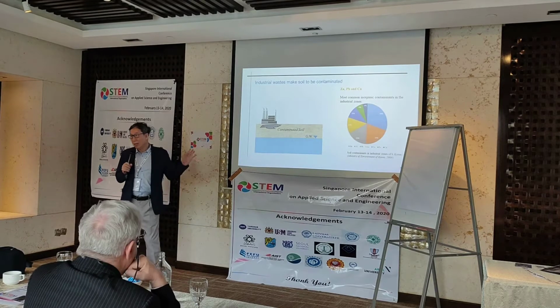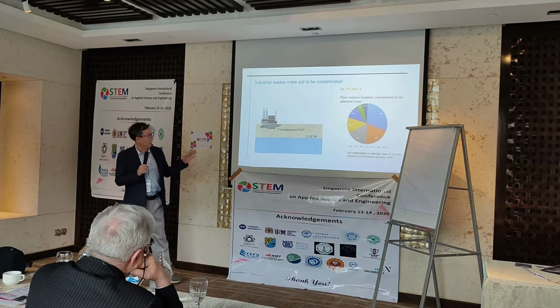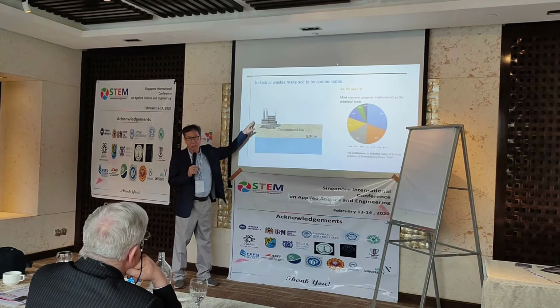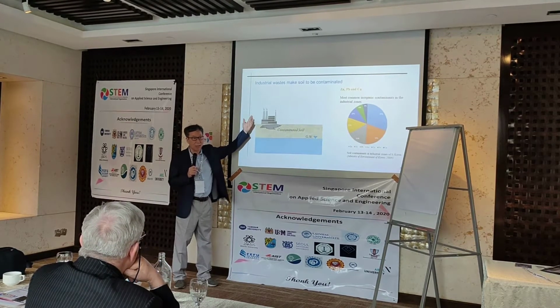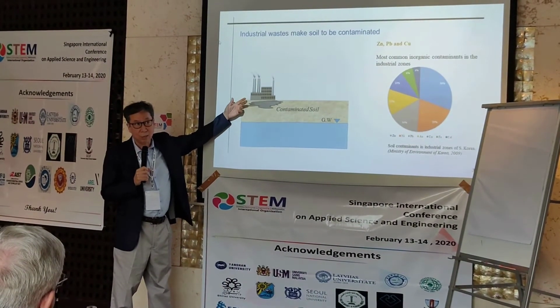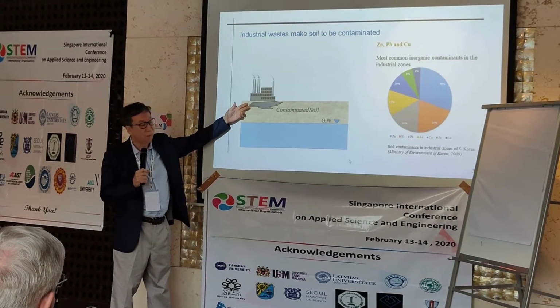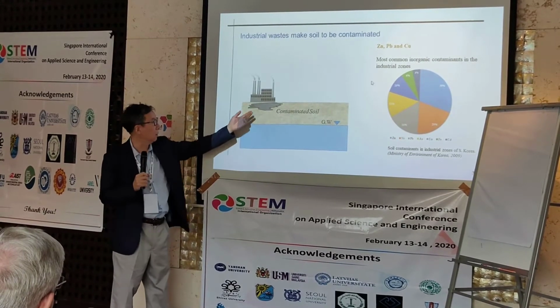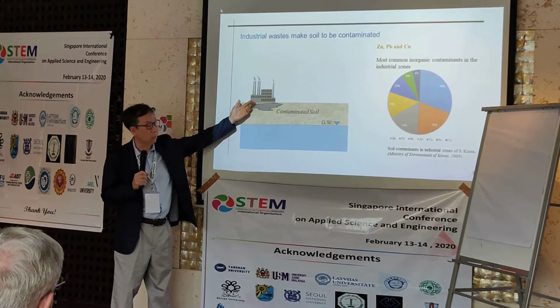The main idea of my research is, for example, we have an industrial area or facility like a factory. There is still likely to be a lot of contamination from the factory, like leaking of some contaminants from the industrial zones.